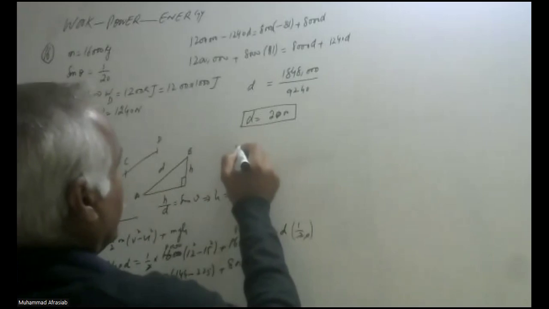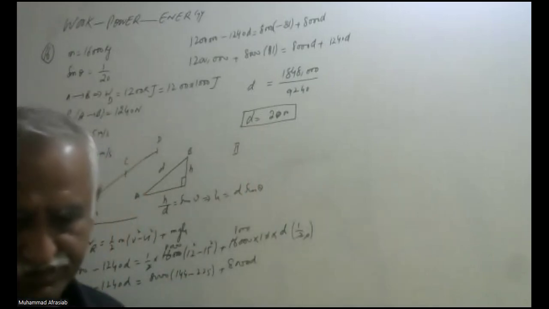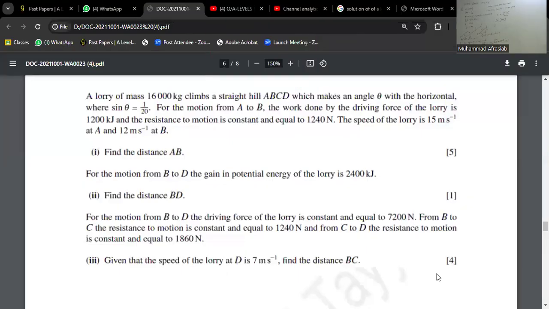Now for the second part. For the motion from B to D, the gain in potential energy of the lorry is 2400 kilojoules. Find the distance BD.